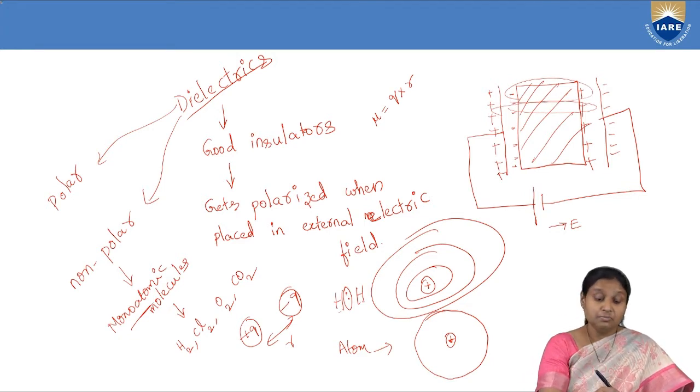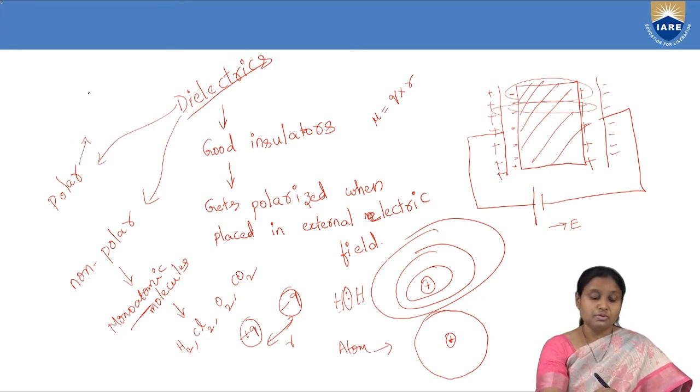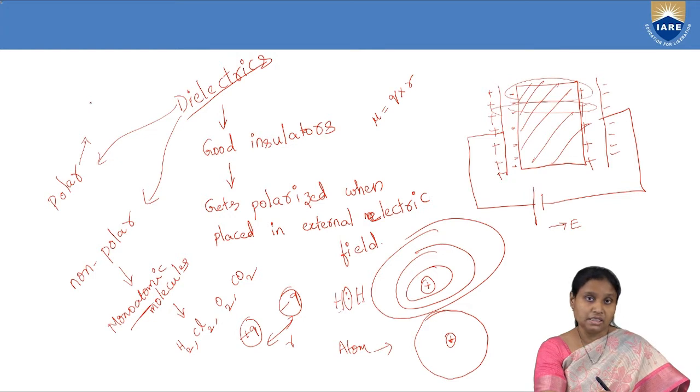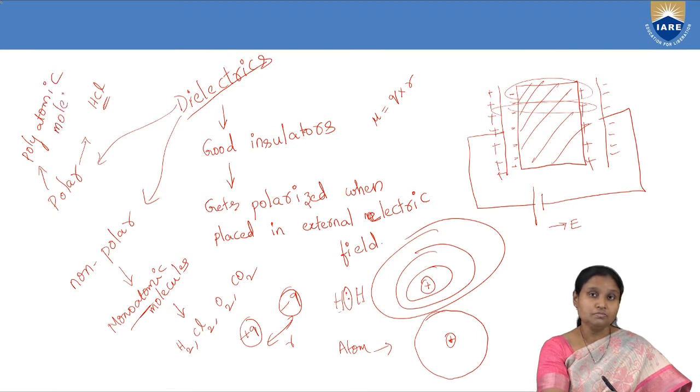But when we take polar dielectrics, even if we don't apply an external electric field, what we are going to observe is this. Suppose I have taken a hydrogen chloride molecule. This hydrogen chloride molecule belongs to polyatomic molecules.